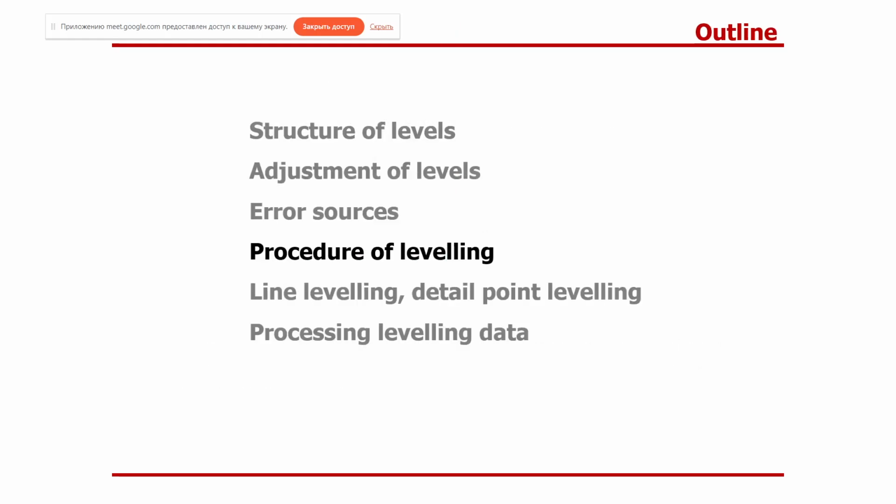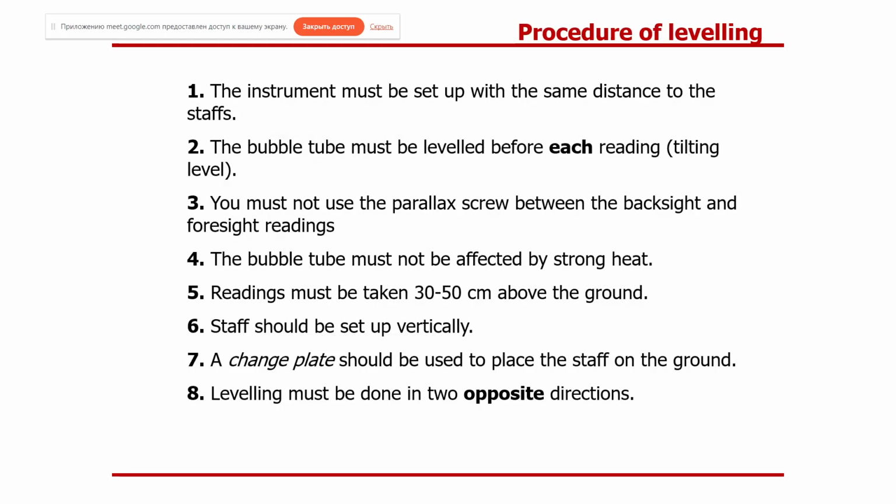Procedure of leveling. The instrument must be set up with the same distance to the staffs. The bubble tube must be leveled before each reading, tilting level. You must not use the parallax screw between the backsight and foresight reading.